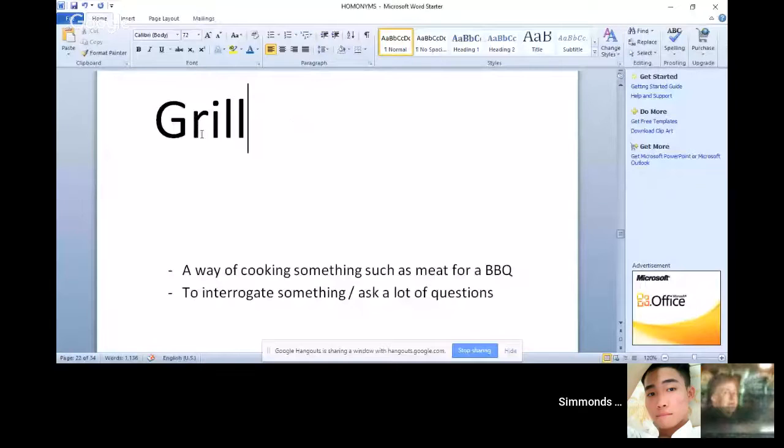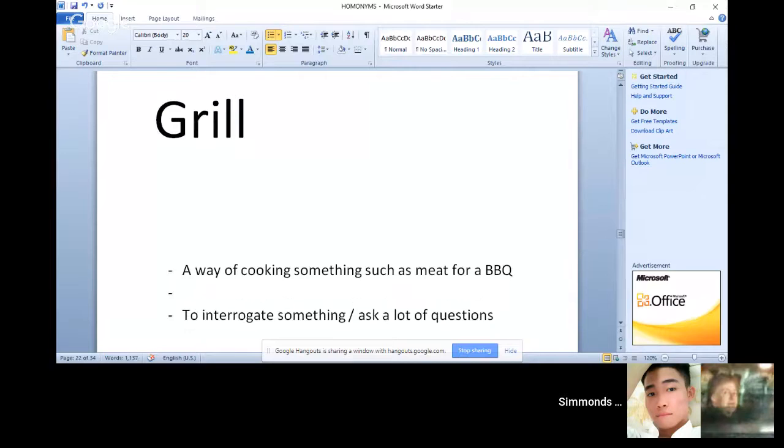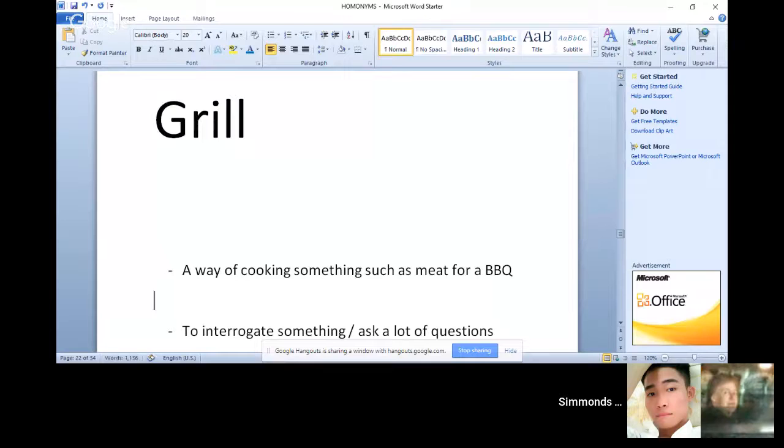So grill, and now you've probably read the answers by now, is a way of cooking something such as meat for a barbecue. So I'm going to grill the hamburgers for dinner. We can also, probably on the menu, see grilled chicken, for example. Chicken that was made on the grill. So it's a way to do something on the barbecue.